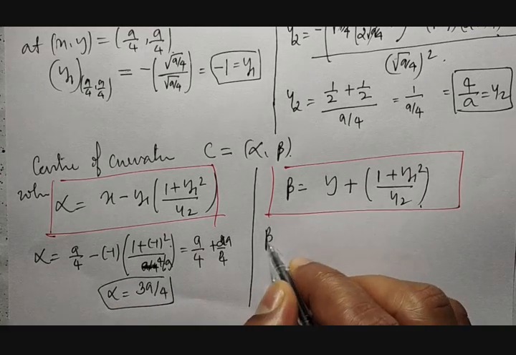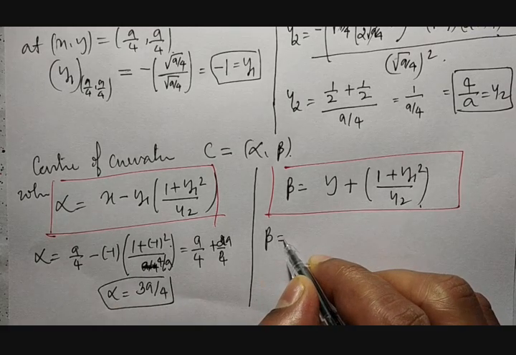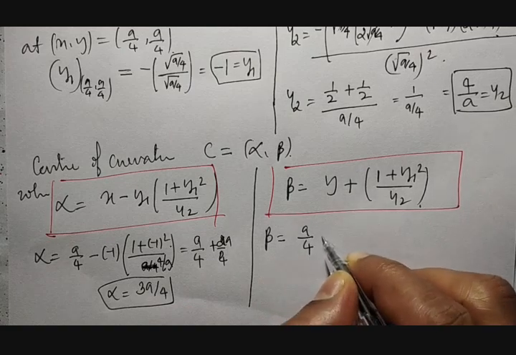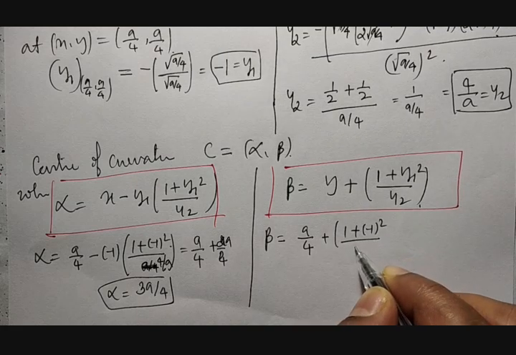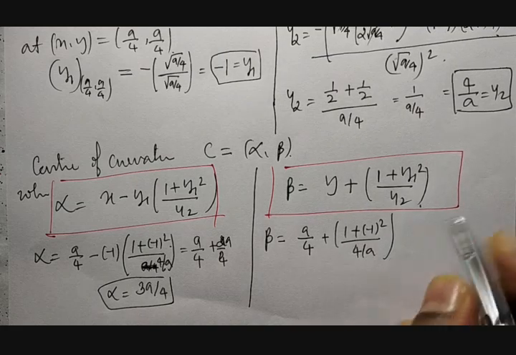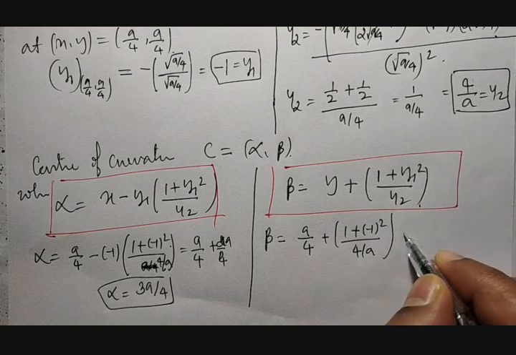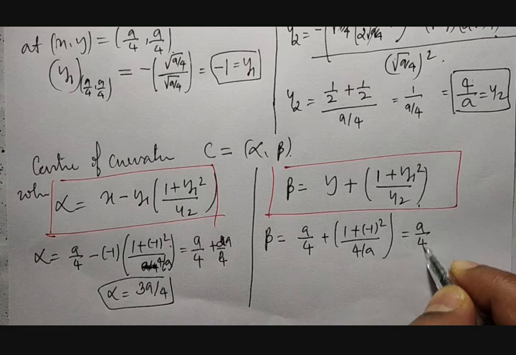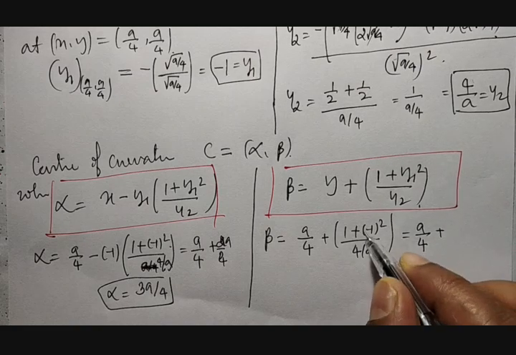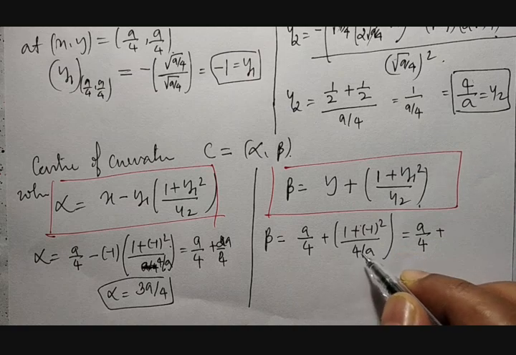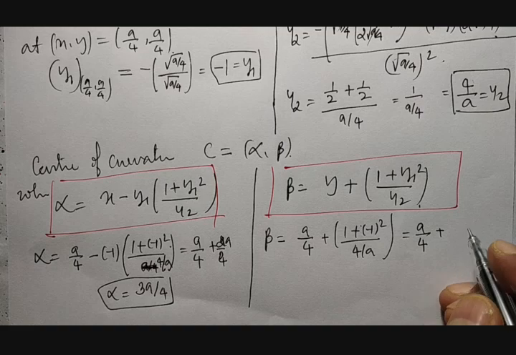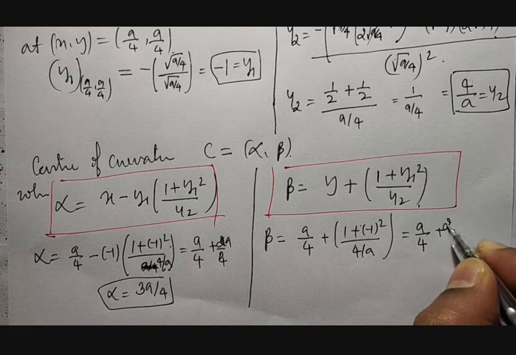Similarly, beta is equal to y. What is y? a by 4 plus (1 plus of minus 1 square) divided by y2, that is 4 by a. So this is equal to a by 4 plus 2. If this goes to the numerator, then it becomes a by 4 plus 2a by 4.